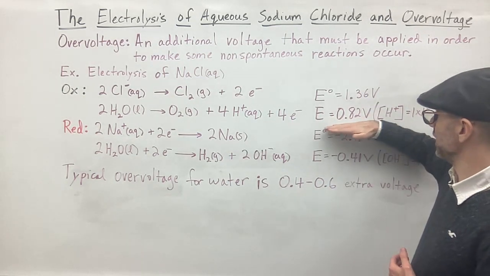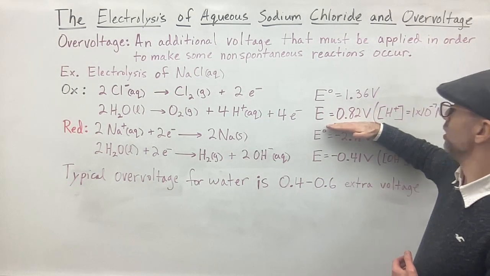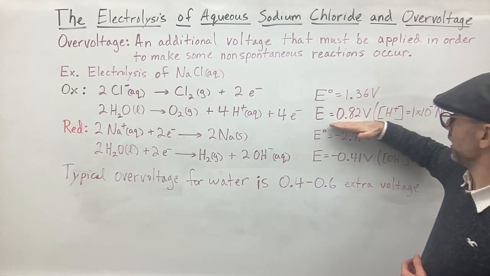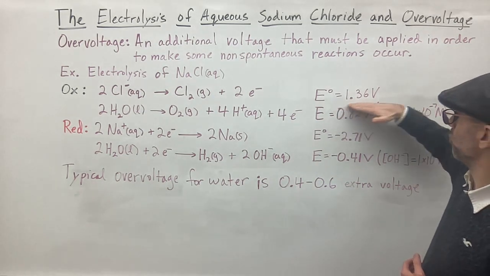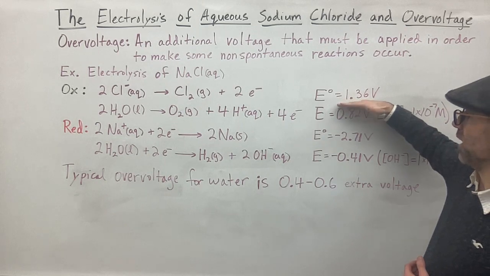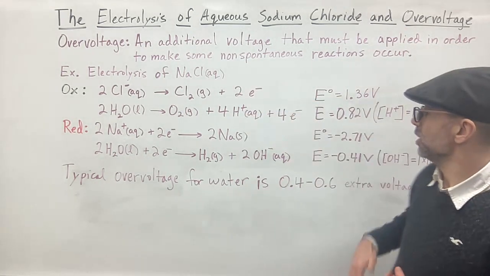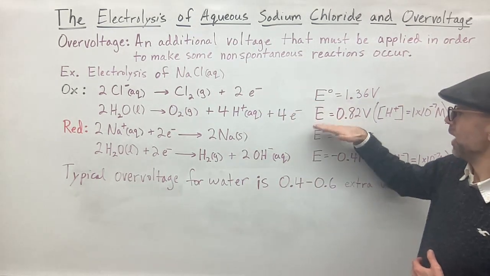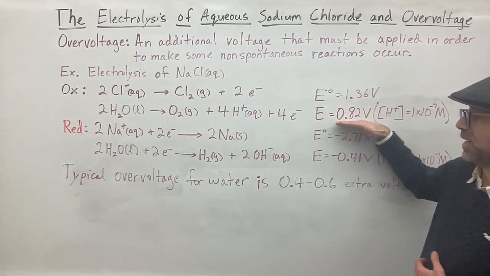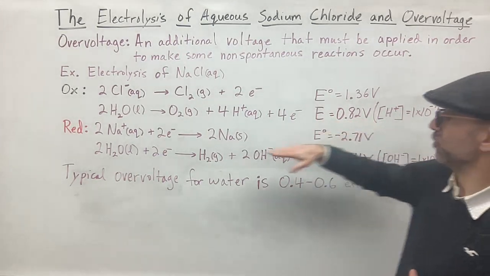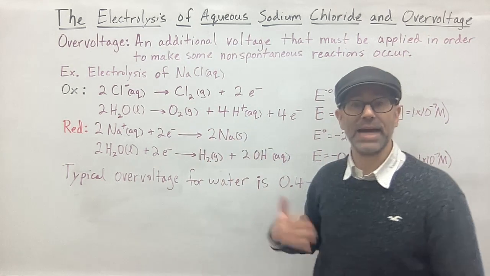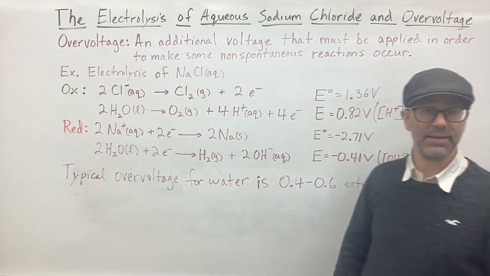Here we have a less positive electrode potential for the water oxidation versus the 1.36 volts that we have for chlorine. So we would expect the oxidation of water at the anode, and so the production of oxygen gas would occur at the anode.